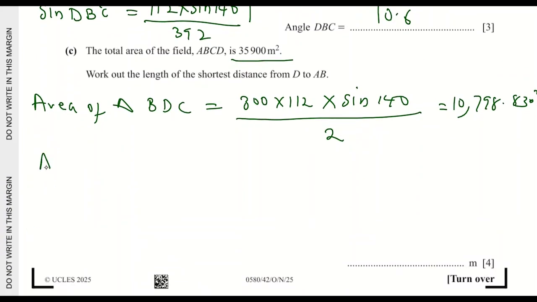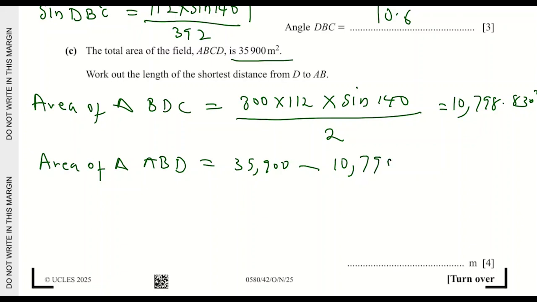So we can say the area of triangle ABD equals 35,900 minus this answer, 10,798.83, which is equal to 25,101.2 square meters, right? So this is the area of triangle ABD.